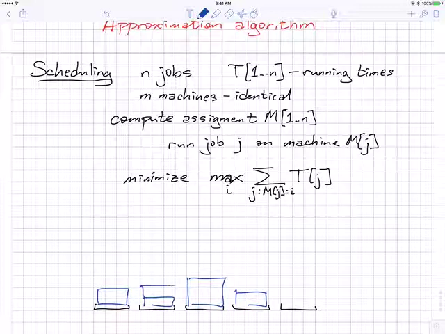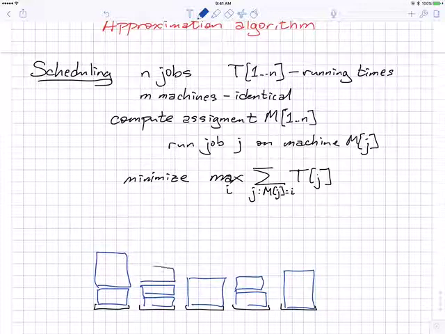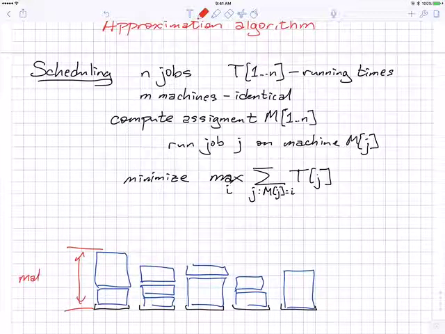The idea is that I want to arrange the boxes so that what's called the makespan, which is the height of the tallest stack, is as small as possible.